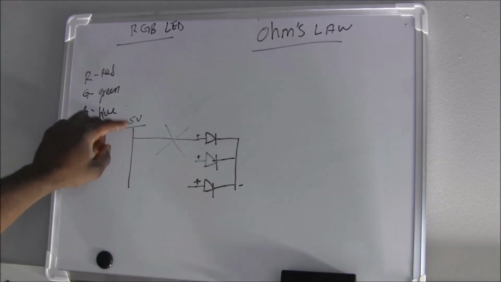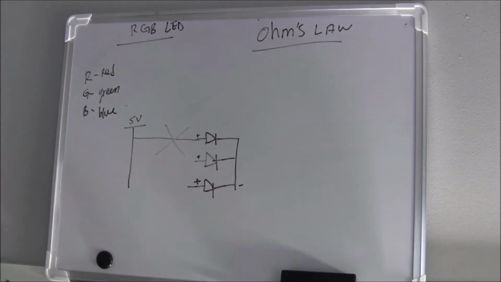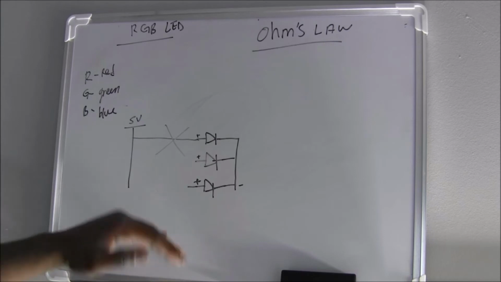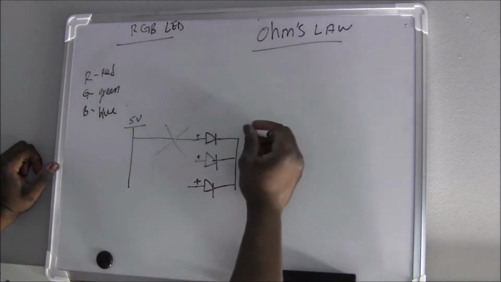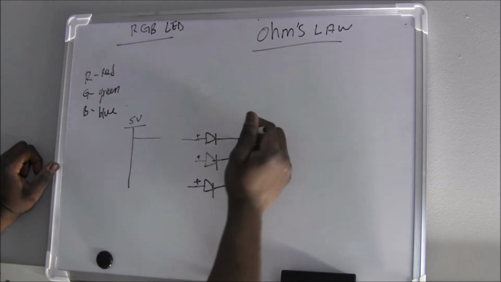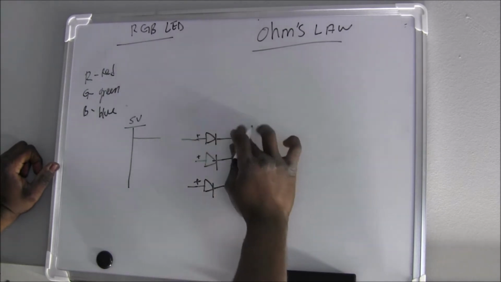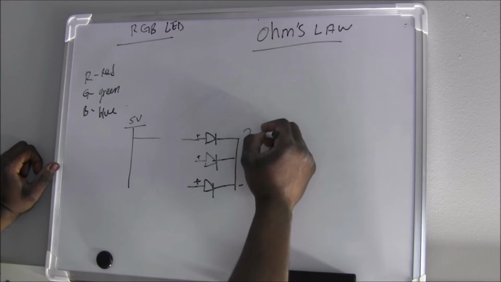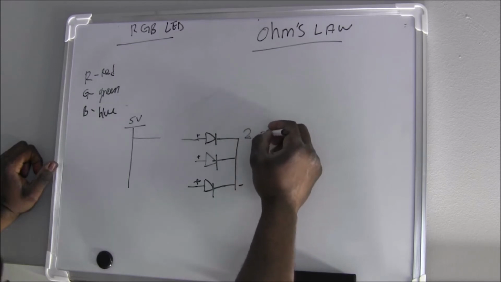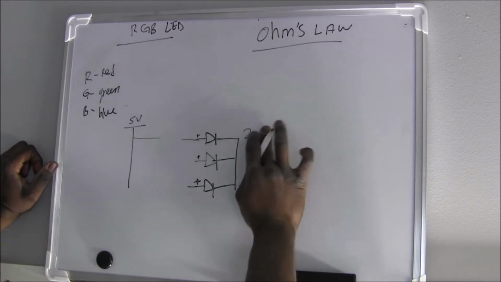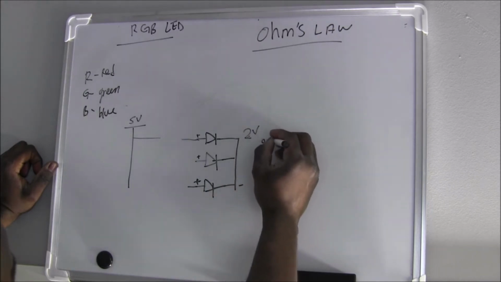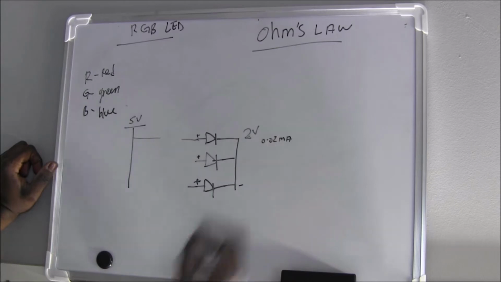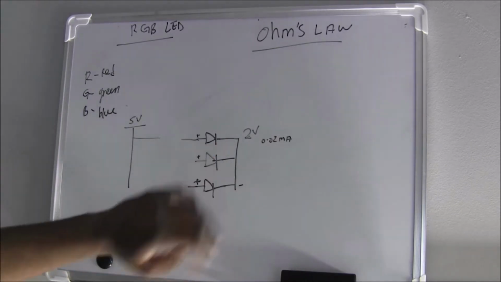Because as we have seen on the data sheet, the LEDs have their own voltage, or they can start working from a certain voltage to a certain voltage. For example, the first LED, the red one, is about 2 volts at 0.02 amps, or 20 milliamps.